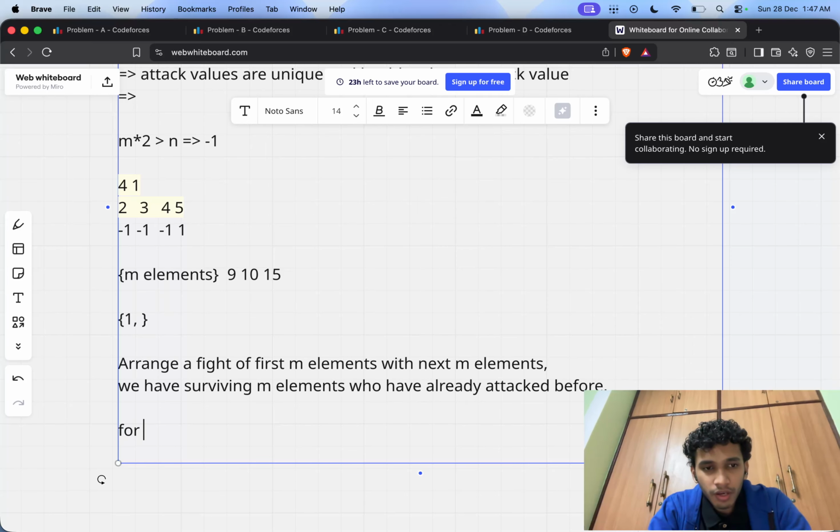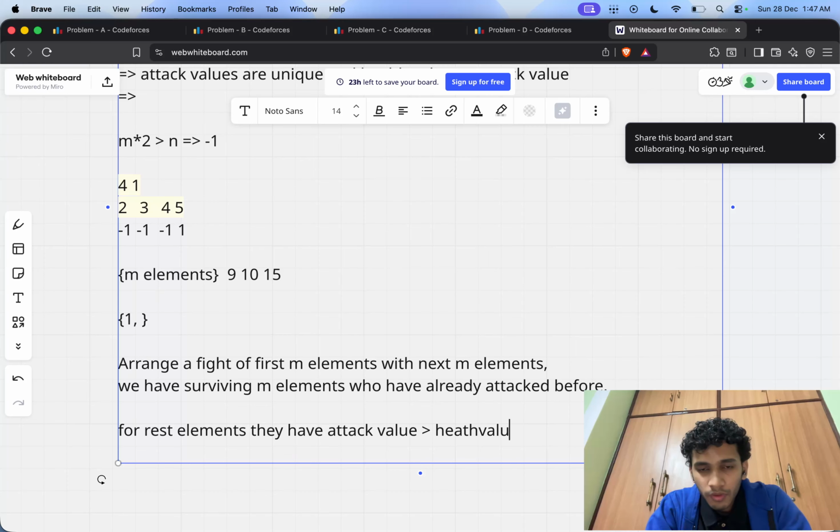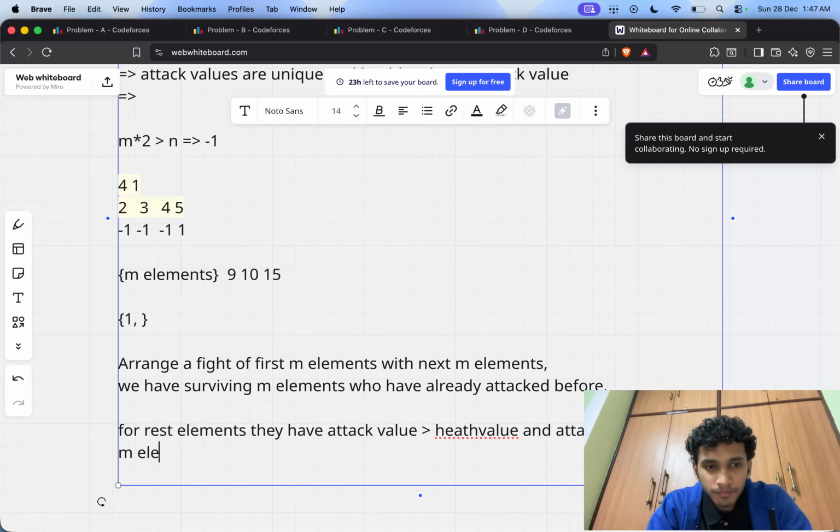Now, for the rest of the elements, they have attack value greater than health value and attack value of these m elements.